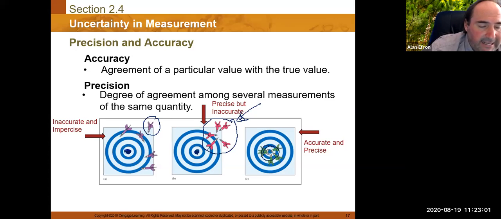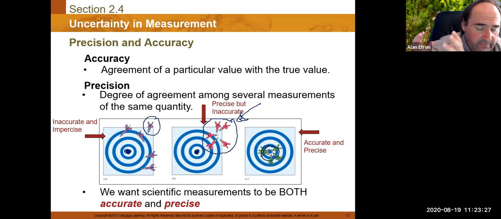So accuracy, again, is how close we are to the real value, the true value. Precision is how close a set of numbers are to each other. And we oftentimes use precision to indicate how reproducible something is, how many trials. So we often do multiple trials to understand how reproducible an experiment can be.